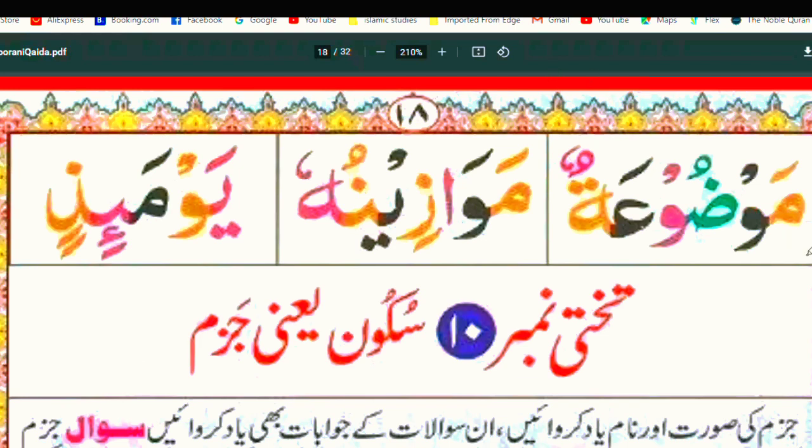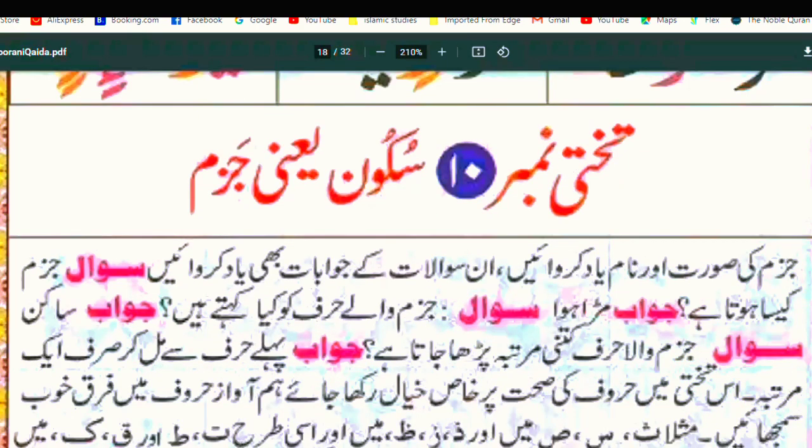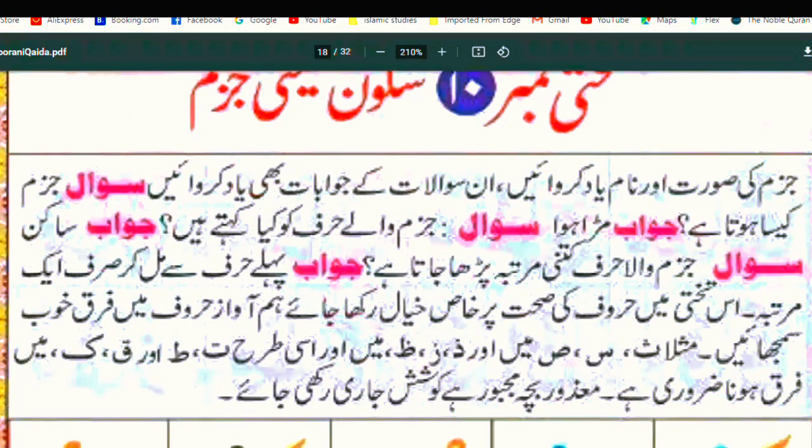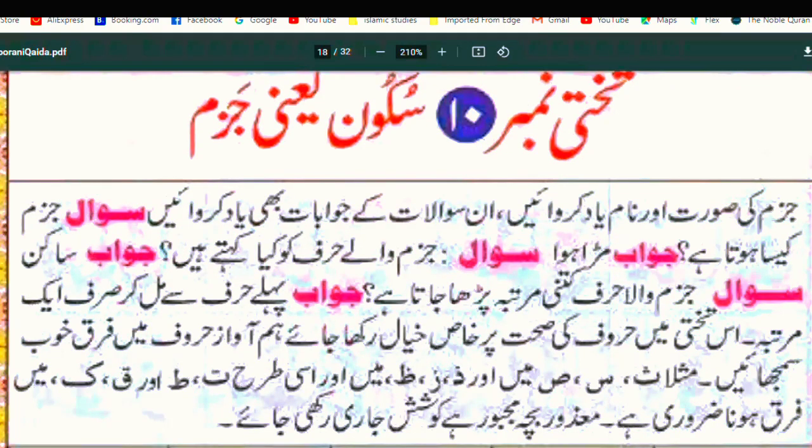Jazam and Sukoon. Now, there are a few sentences. If we memorize them, they will be helpful for us. The question is, what does a jazam look like?